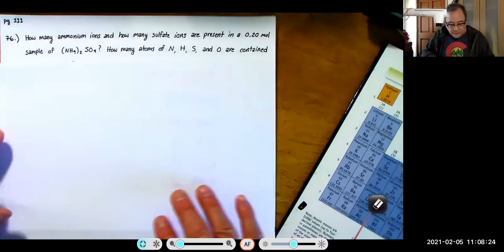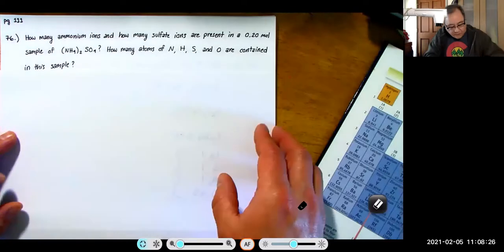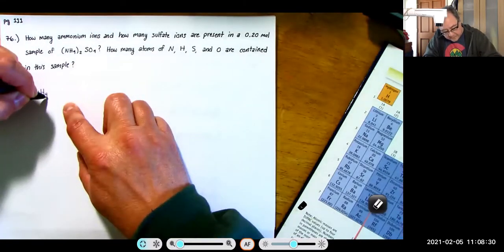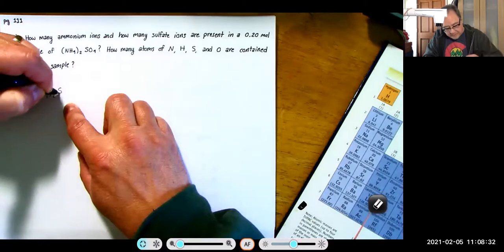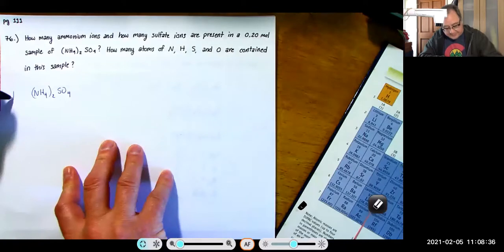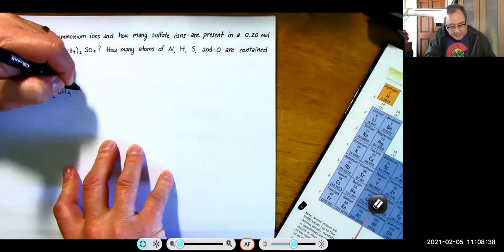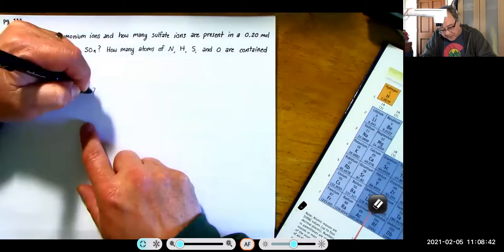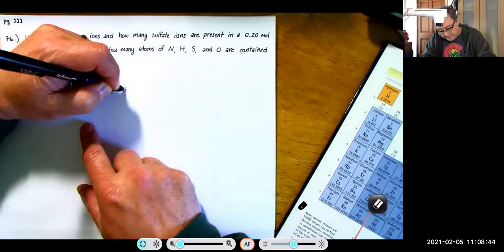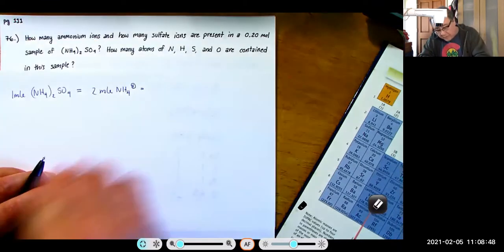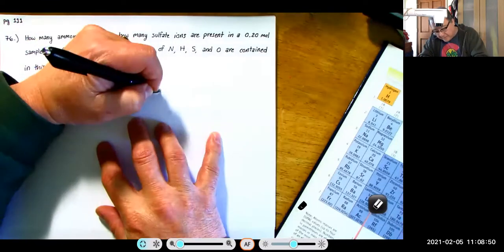So for this, we're going to have the formula. And let's pretend that we have 1 mole of this. How many moles of ammonium ion do we have? We have 2 moles of ammonium ion. And how many moles of sulfate ion do we have? We have 1 mole of sulfate ion.